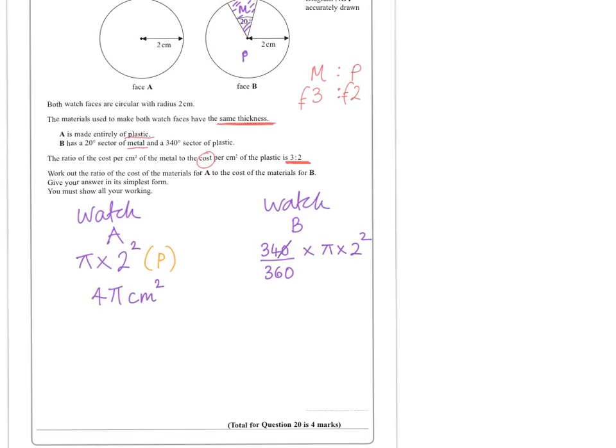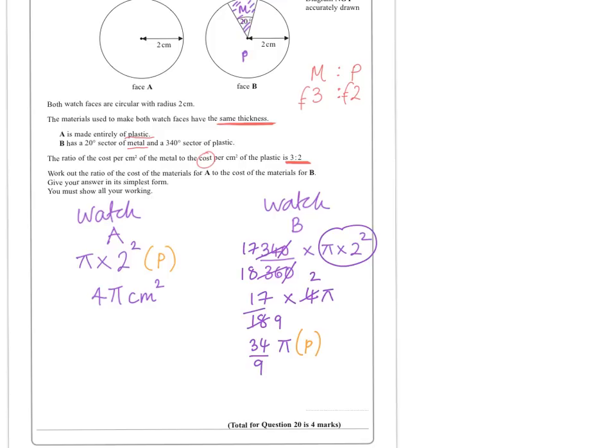So I'm going to divide top and bottom by 10, and then I'm going to halve the top and halve the bottom. So I will get 17/18 of, and this is going to be 4 pi. Then I'm going to halve the bottom and halve the top, and that's going to give me 34/9 of pi, and that is going to be the plastic part.